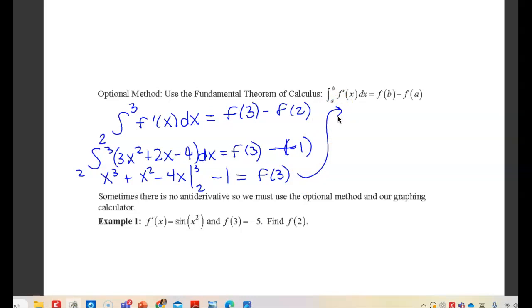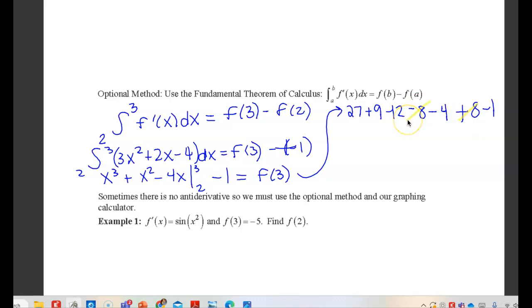So then I'm going to plug in 3 cubed is 27, 3 squared is 9, 3 times 4 is 12, so I have 27 plus 9 minus 12, minus 2 cubed, which is 8, minus 2 squared, which is 4, plus, because again, that becomes minus, that becomes minus, that becomes positive, 4 times 2, which is 8, minus 1.